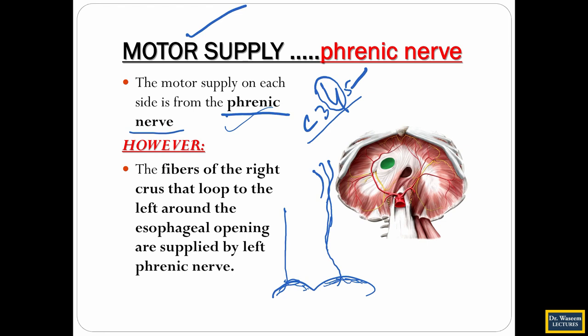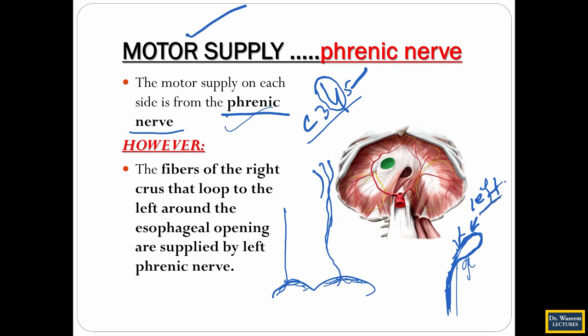As far as motor supply is concerned, left will supply the left sided fibers, right will supply the right sided fibers, except the right crus of the diaphragm whose fibers switch towards the left side to form the sling for the opening for the esophagus. These fibers which have switched to the left side, though they are part of the right crus, will be supplied by the left phrenic nerve, because they have traced their direction from right to left.